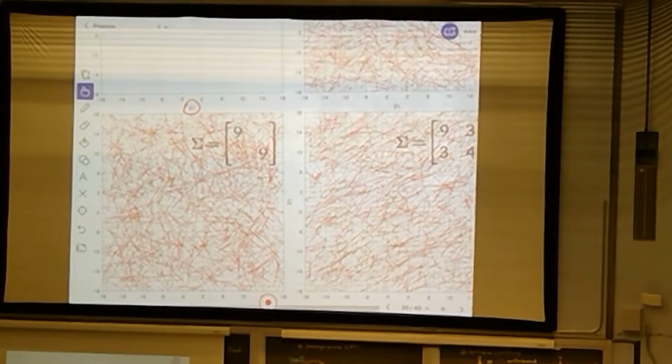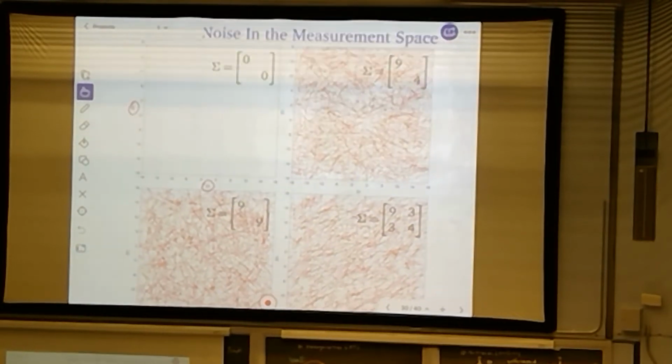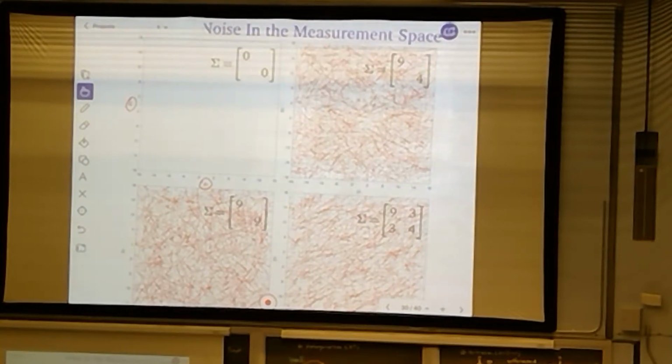Okay? In contrast, if you look at the second figure, this is individual noise. It's still Y noise, but each dimension has its own noise level. The first dimension has more noise than the second dimension. Okay? Horizontally, you spread out.